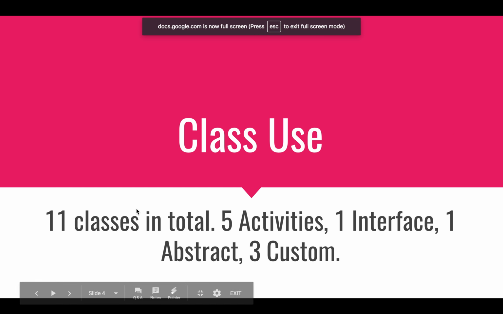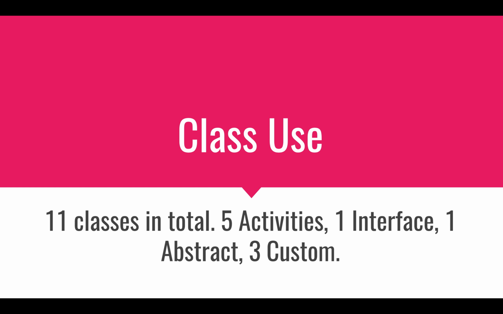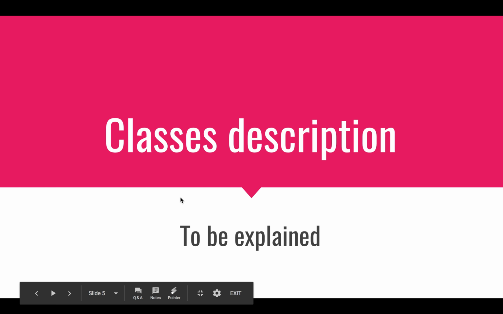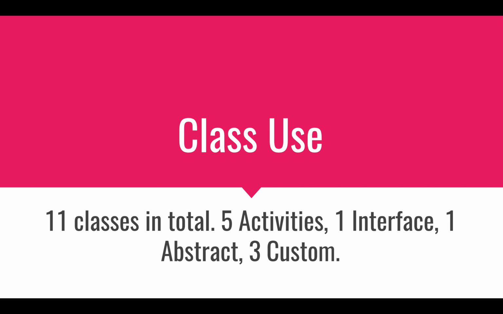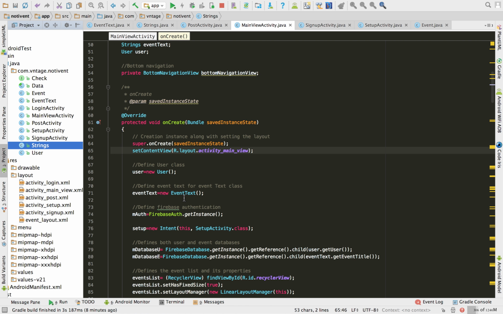So I have 5 of those, one interface, one abstract class, and 3 custom. What I mean by custom is that since Mr. Mayo wants us to use more user design classes, I wanted to have classes made completely from scratch that weren't using APIs or anything to go along with the code.